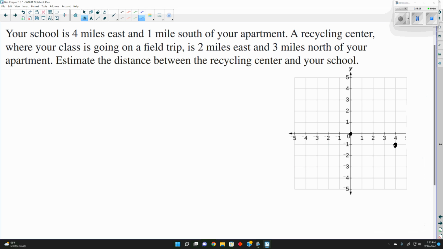A recycling center where your class is going on a field trip is 2 miles east and 3 miles north. Estimate the distance between the recycling center and your school. So we're estimating the distance between these two here. Well, for the recycling center, we're at the point what? 2, 3.